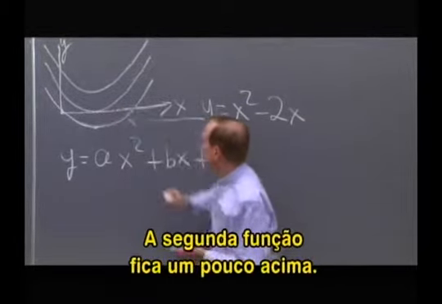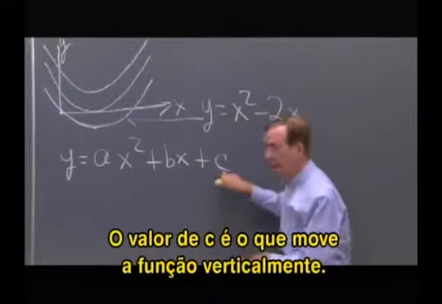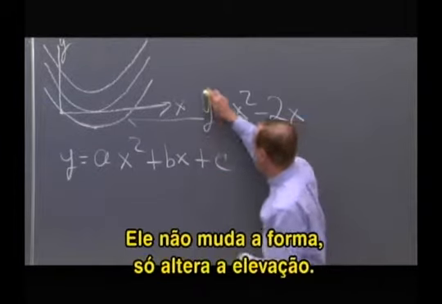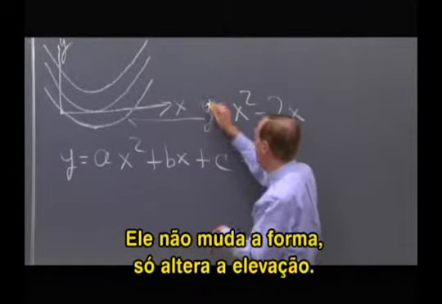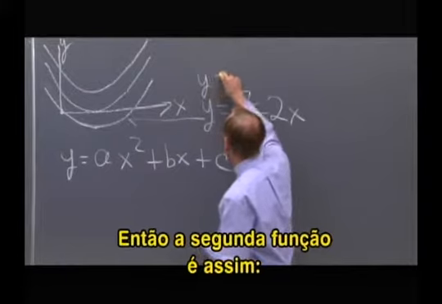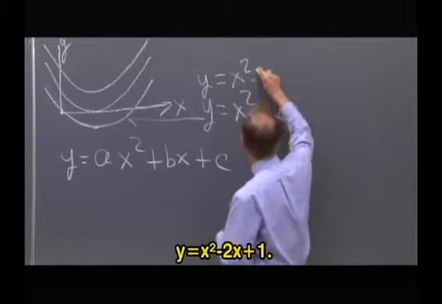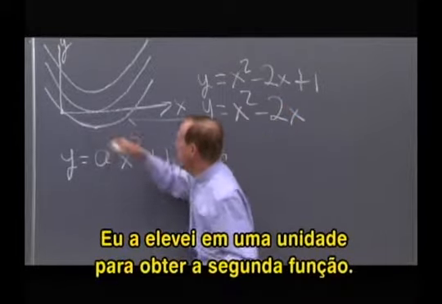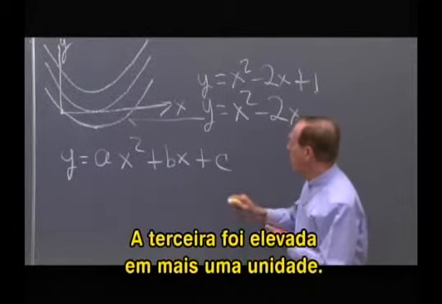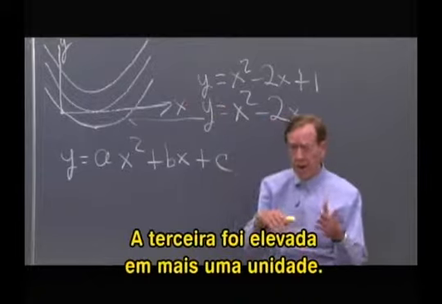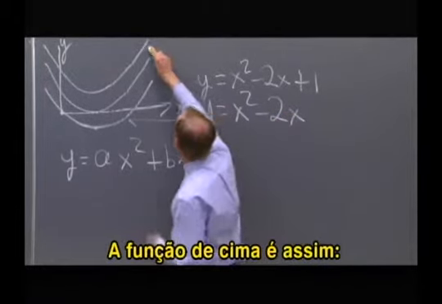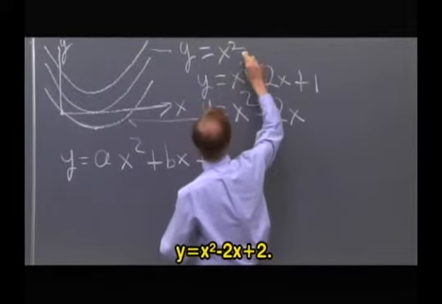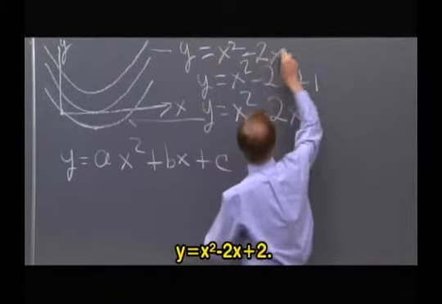Now this one is up a little higher. The c is what moves it up and down. That's the easy part. It doesn't change the shape, just shifts it up. So I think that second guy is going to be x squared minus 2x, same thing, but plus 1. So I've lifted it up by 1 to get the second one, and then the next one is lifted up by another 1. So the top guy is y equals x squared minus 2x plus 2.